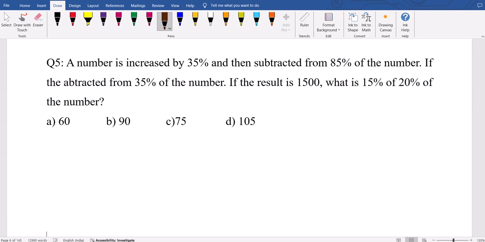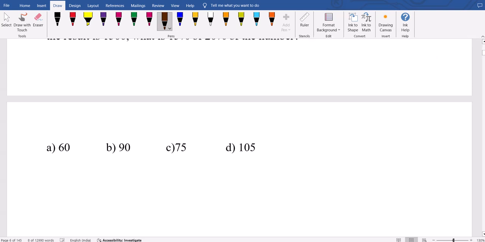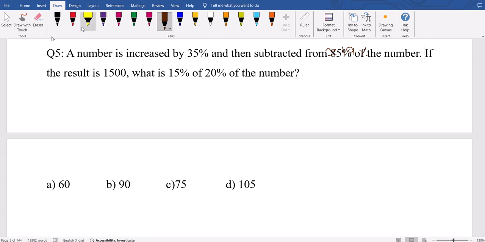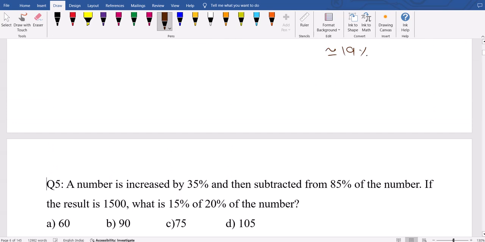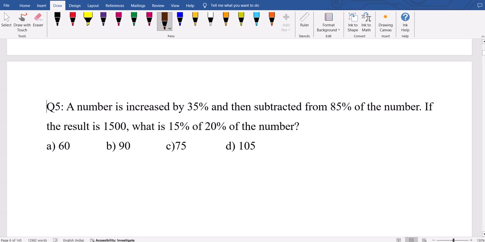The result is 1500, there was some typo here. What is 15% of 20% of the number? See the question. A number is increased by 35% and then subtracted from 85% of the number. If the result is this, okay, now what's the answer? 15% of 20% of that number.